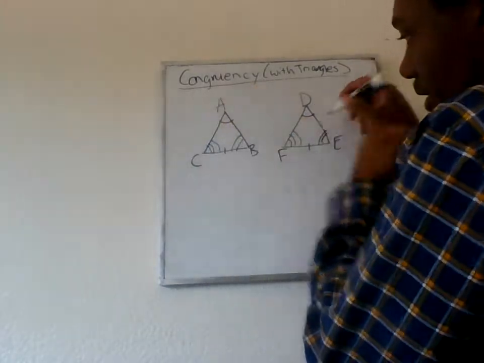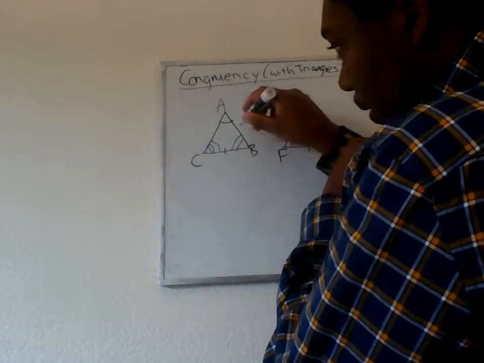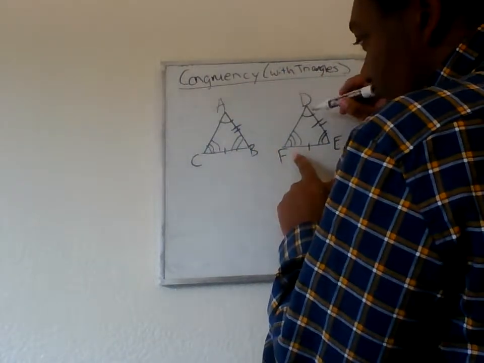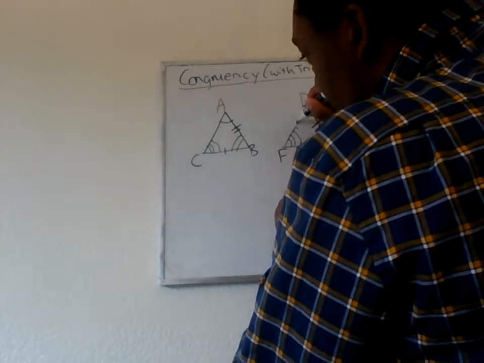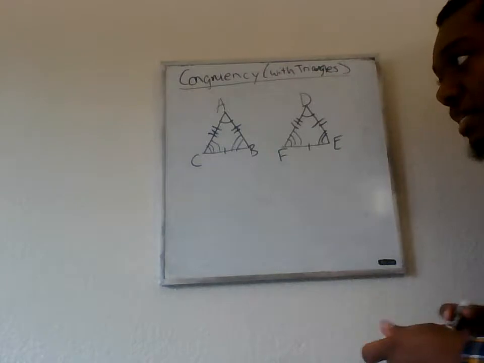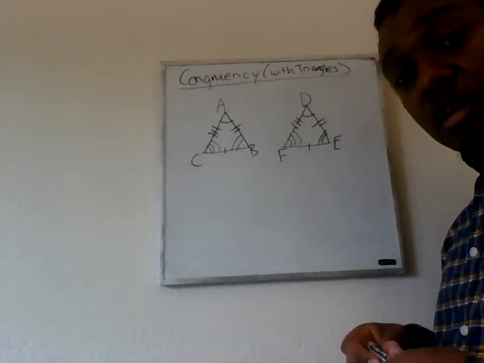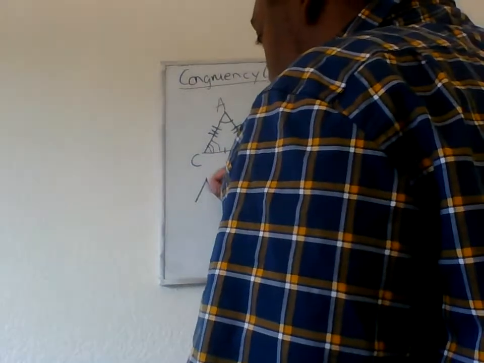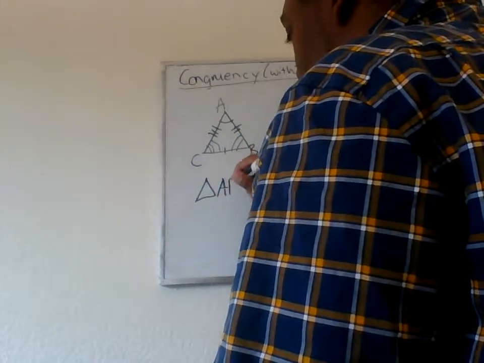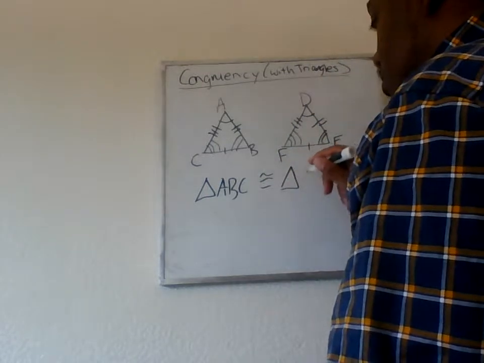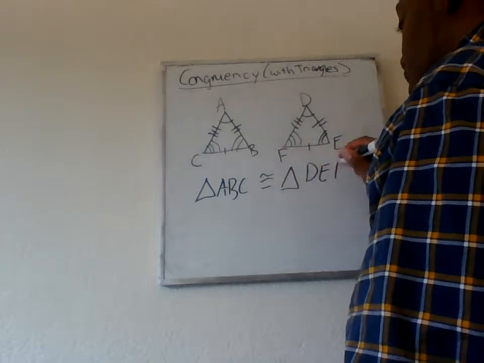AB has the same measurement as DE. And then lastly, DF must also have the same measurement as AC. Okay? With all of that drawn now, I could then say that triangle ABC is congruent to triangle DEF.